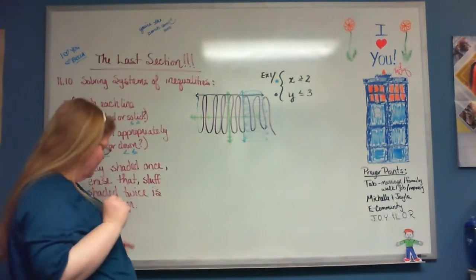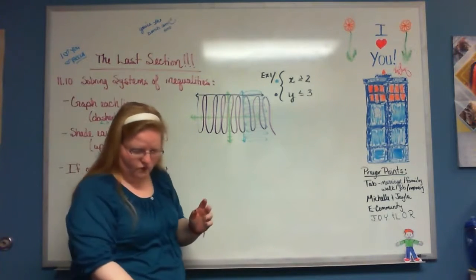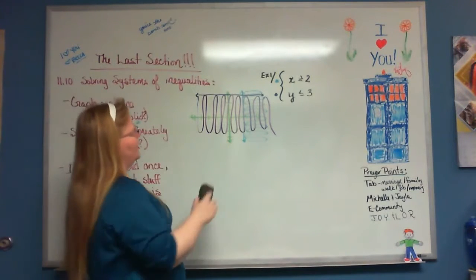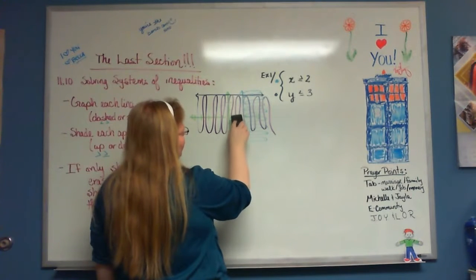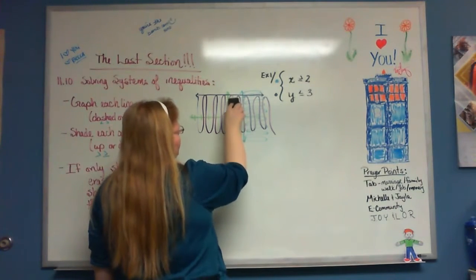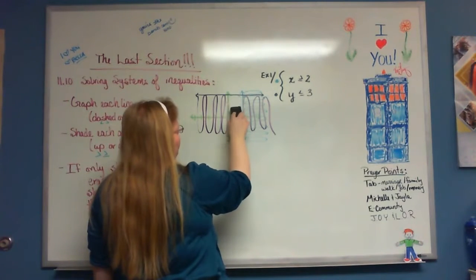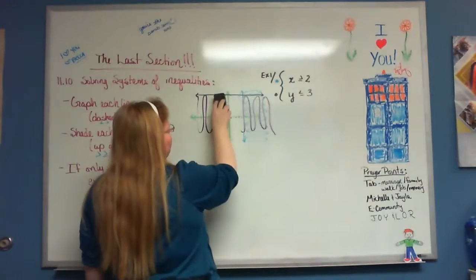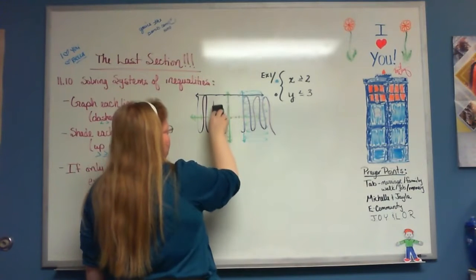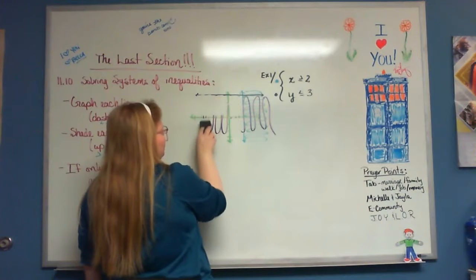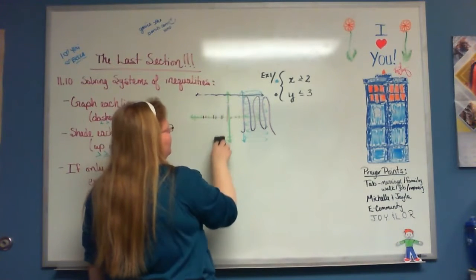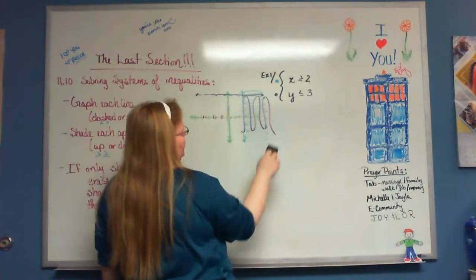Then you take your eraser. And if it got shaded once, you ignore that, because it only satisfied one of those if it got shaded once. But if it gets shaded twice, then it must have satisfied both of them.